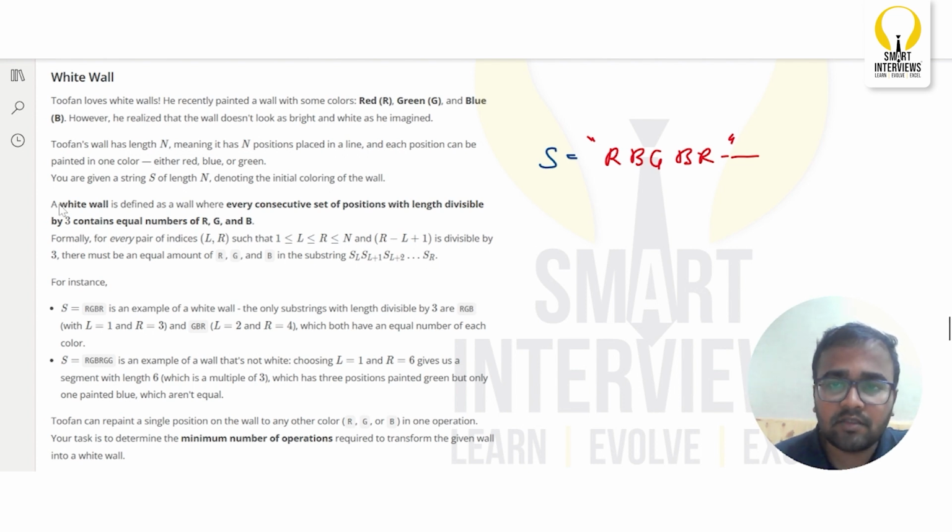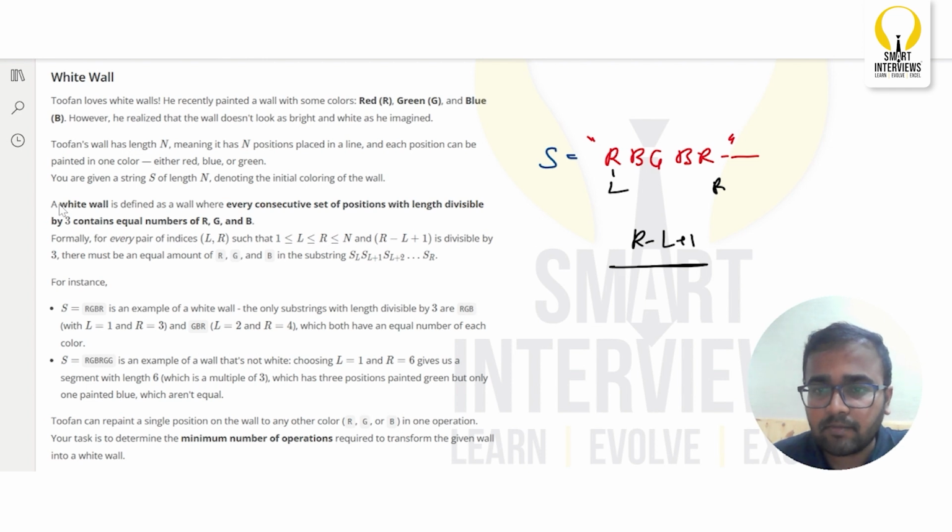So if you take this as your string and some L and R, where L is one index and R is another index, let us find the size of this substring, which is equal to R minus L plus 1. This length should be divisible by 3, and the substring between these indices L and R should contain an equal number of R's, G's and B's.